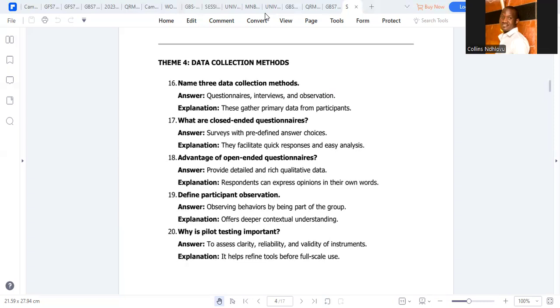What is secondary data? I think this is data that has already been provided by other people.